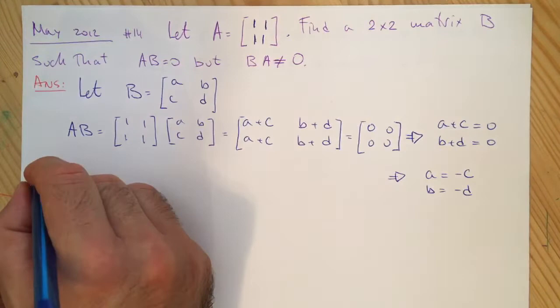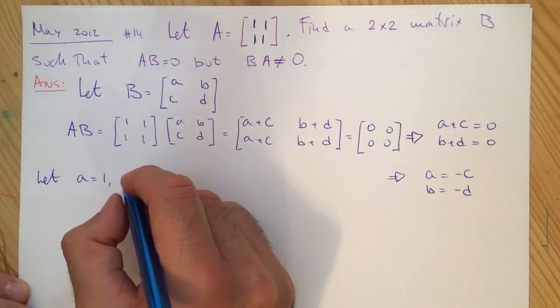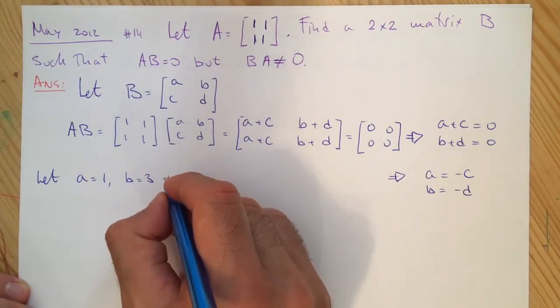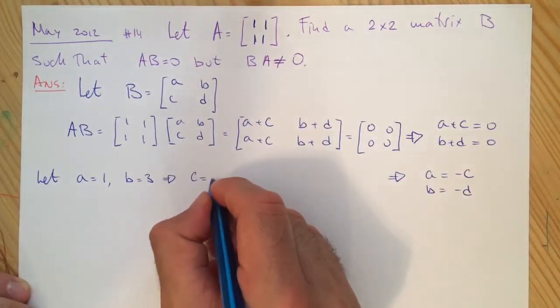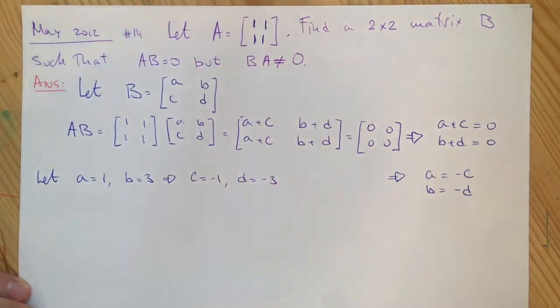So let a be equal to 1, b be equal to 3, and then it implies by this equation that c has to be equal to -1 and d has to be equal to -3.